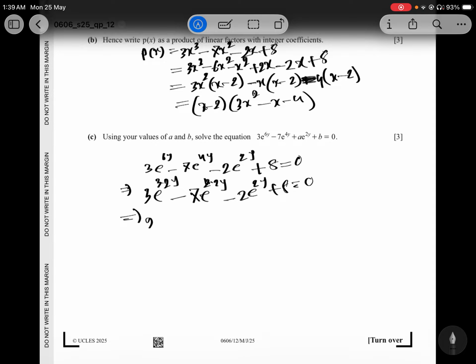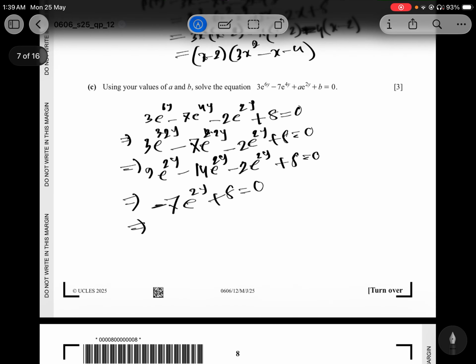Okay, so this is 9 e to the power 2y minus 14 e to the power 2y minus 2 e to the power 2y plus 8 is equal to 0. So 16, right? Minus 7 e to the power 2y plus 8 is equal to 0. 7 e to the power 2y is equal to 8. Am I doing the right thing?